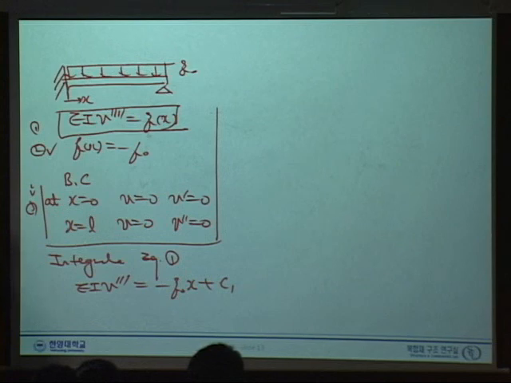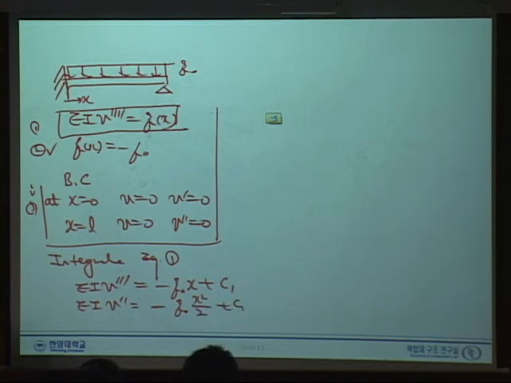That's integrating one time. What will be the next one? Integrate one more time: EI v double prime equals minus Q0 x squared over 2 plus C1 x plus C2. Yes, that's the second integration.